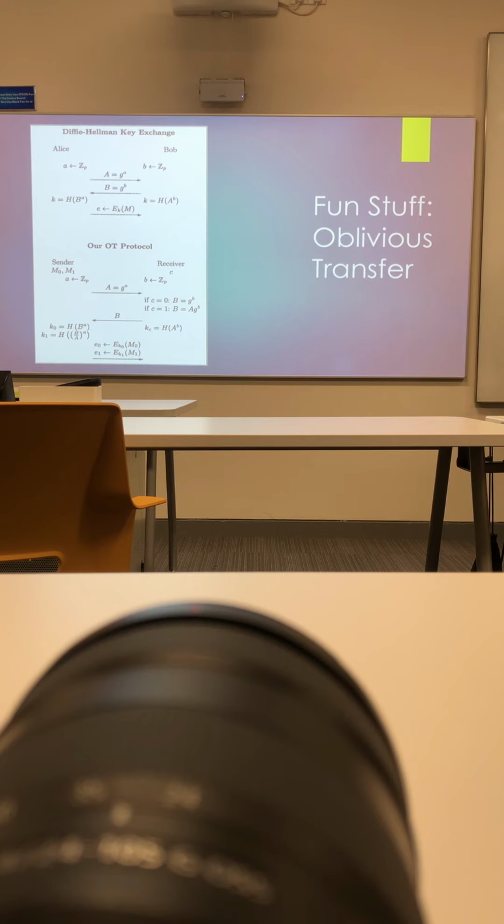And if he wants to find B to the a, he cannot, because once again he doesn't know what a is set to be. I'm sure there's probably questions, or are there questions?